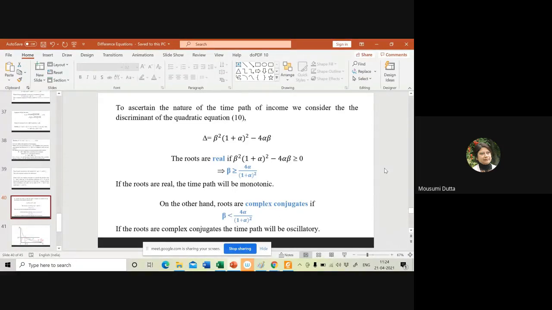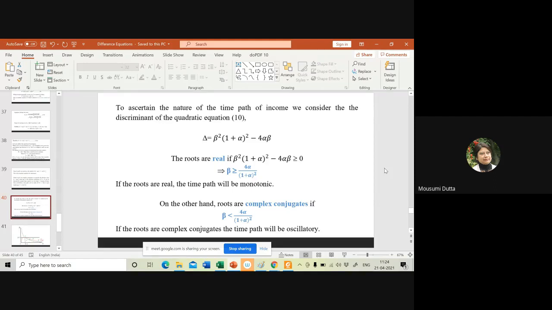Now, before presenting all these things graphically, I feel that once again I'll clarify the stationarity condition or stability condition or the convergence condition, as well as the condition which will indicate whether the time path will be monotonic as well as oscillatory.